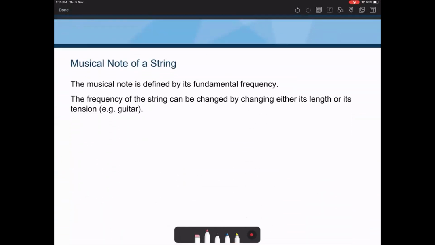The scenario that we have just described is quite familiar to many of you, I believe, if you play musical instruments, for example, guitar. In a guitar, you have the string fixed at two ends, and when you pluck the string, it generates a note of a specific frequency.